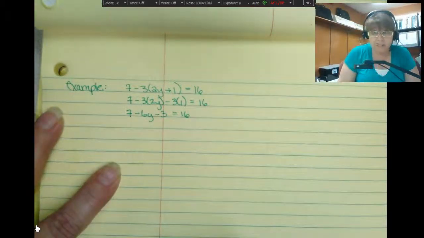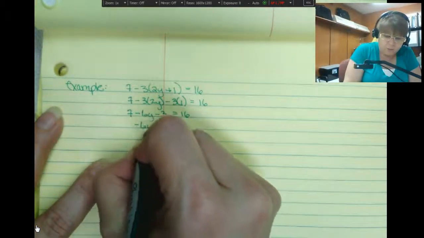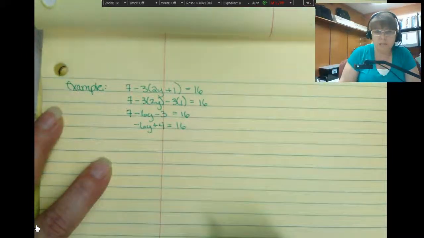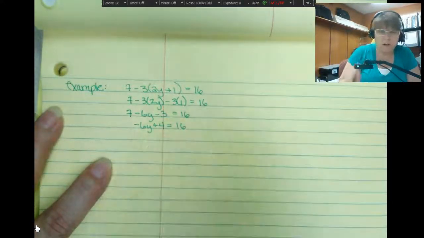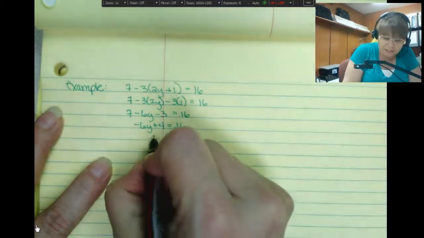Next step I like to do is to combine like terms if I can. So 7 and negative 3 is 4, giving negative 6y plus 4 equals 16. Now I'm going to get my constants on the right-hand side and leave my variables on the left-hand side.